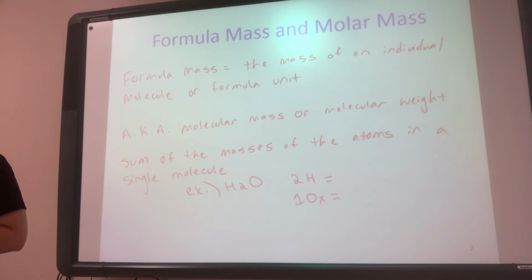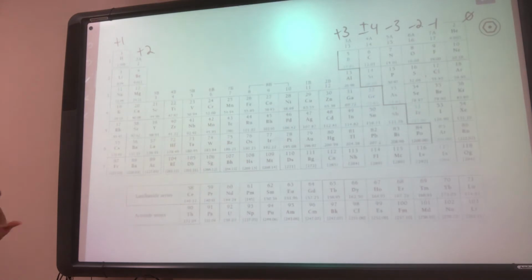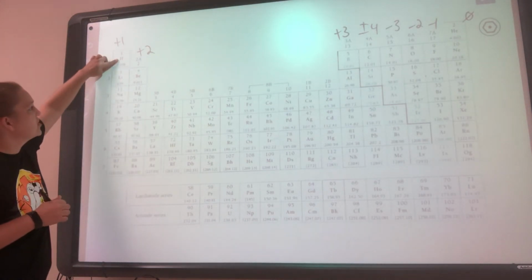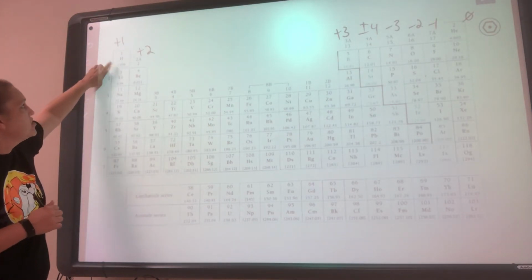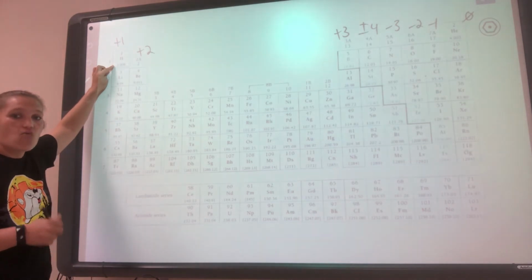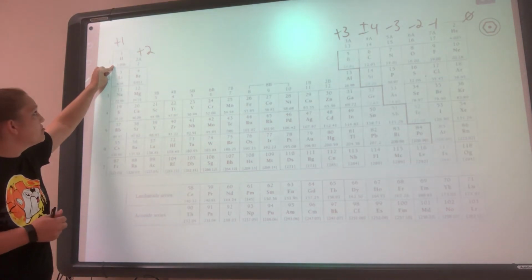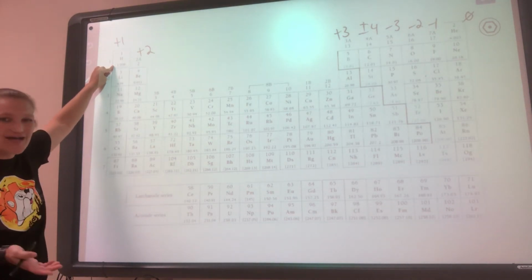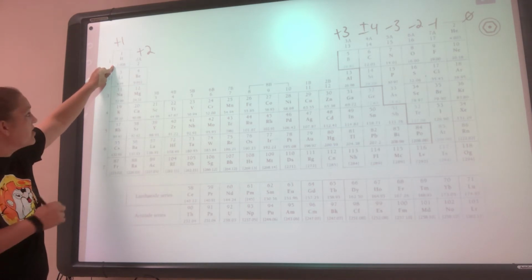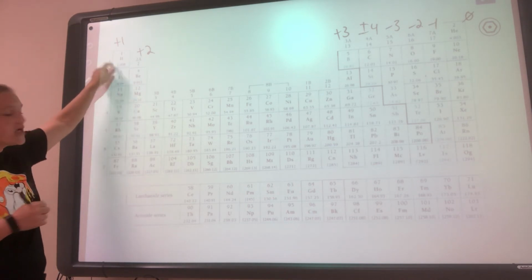So to find the mass of the whole thing, we have to take its parts. So I go to my periodic table and say, what was the mass of hydrogen? 1.008. Don't just write 1, okay? Write out the whole thing. You might also have 1.079 depending on your periodic table and how many decimal places it goes to. So write the whole thing.